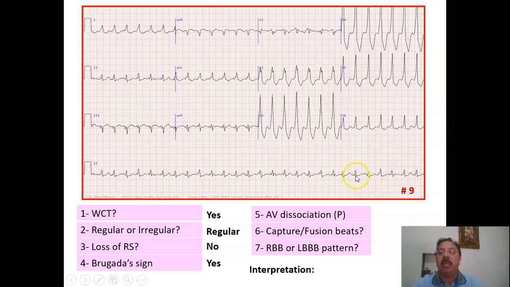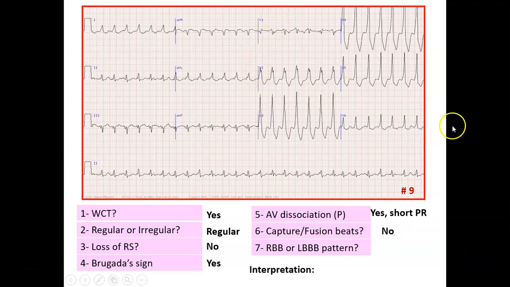Atrioventricular dissociation, you may see these P waves in between. Oh my God. And there is a short PR interval. Capture and fusion beats, no. And what's the morphology? It's a right bundle branch block pattern, and the initial R is taller than what you see in the normal right bundle branch block.